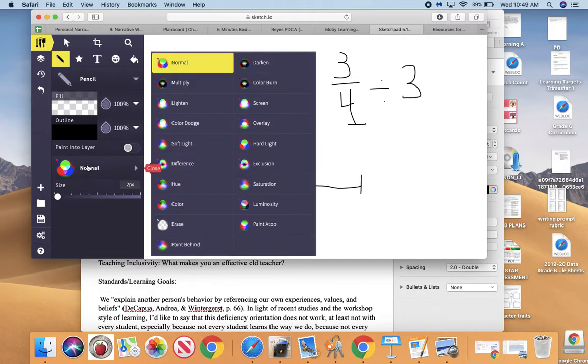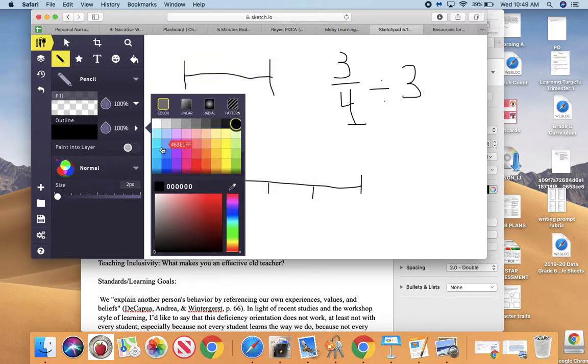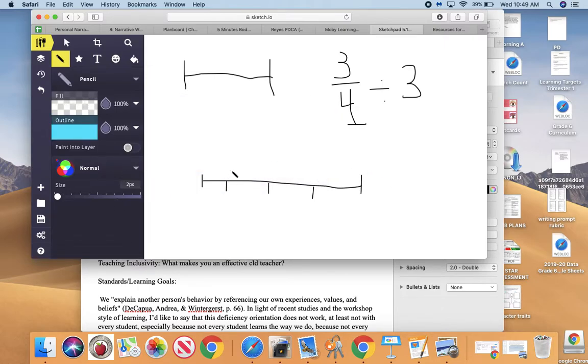So now I'm going to cut it off at 3/4 because I'm only using 3/4. So I'm going to draw a line at the 3/4.